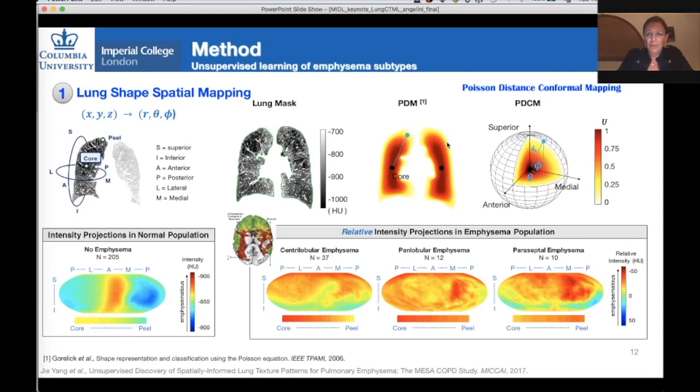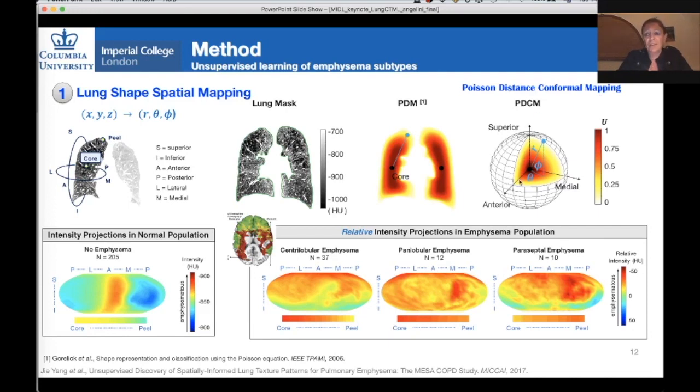And we also augmented that with two radial coordinates, theta and phi here, so that we could also encode the position in the anterior, medial, posterior, lateral plane, and also the inferior to superior plane. So this is what we now call Poisson distance conformal mapping.